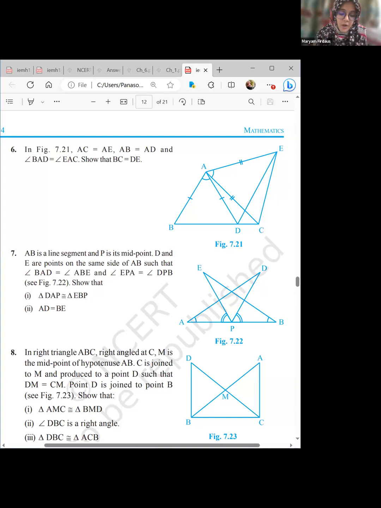How do we show this? First of all, whatever we have to show, we have to show two triangles as congruent. So we just copy the names from the question itself: triangle DAP and triangle EBP. Now, what all do we have same in these?